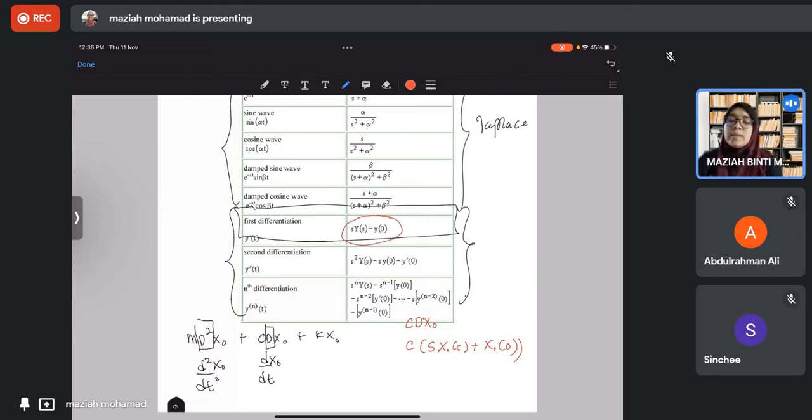And then we have our second differentiation. For example, we have m d square x naught, in the form of second differentiation.